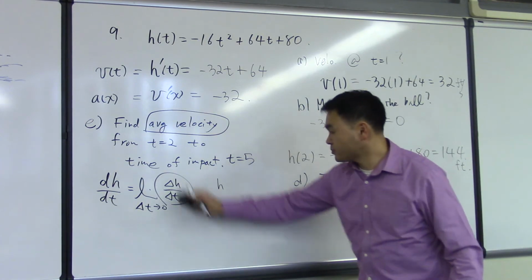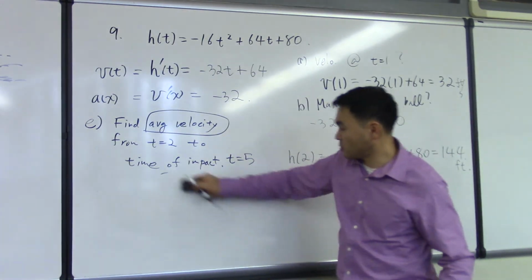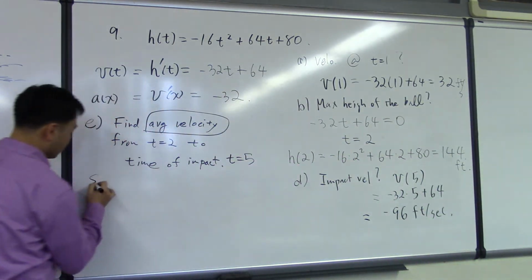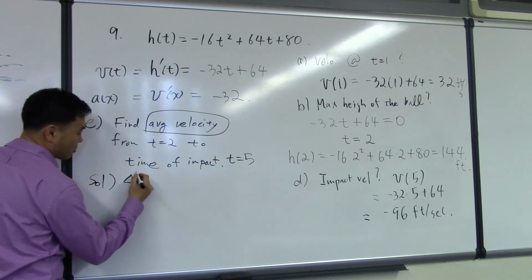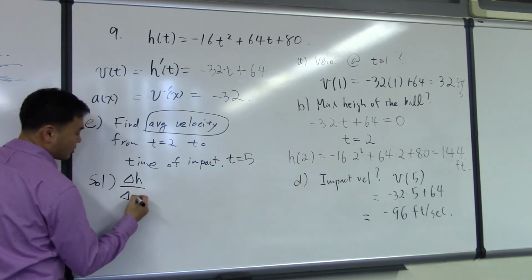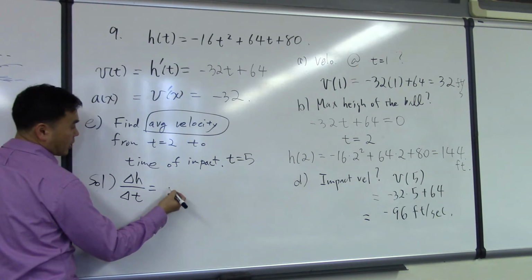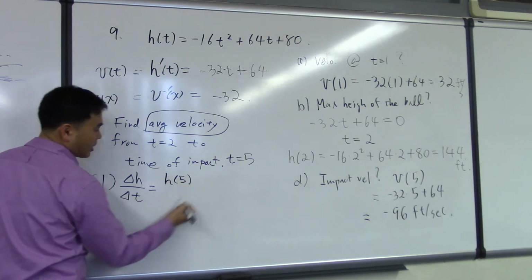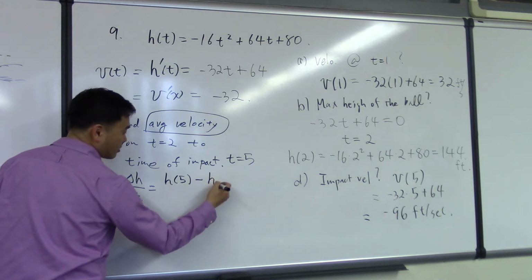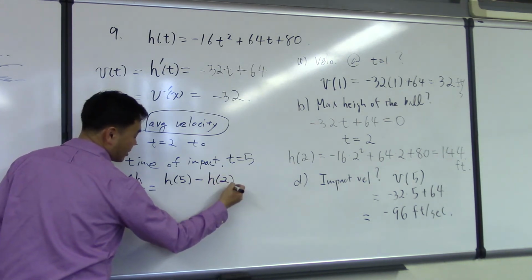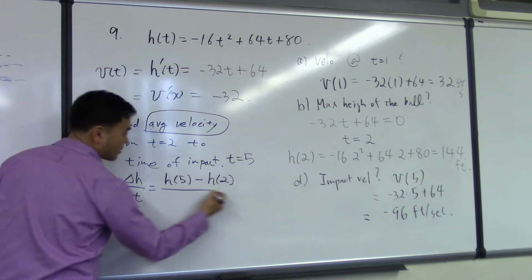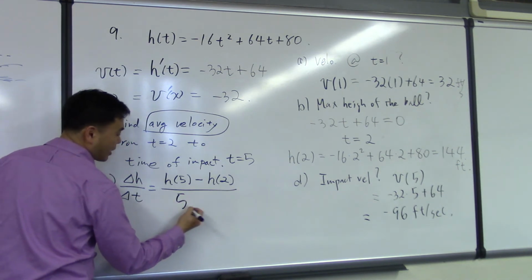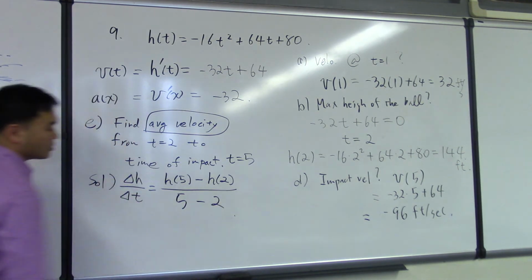Erase all that, because we need the change of h over change of t: what was the height at time 5 minus what was the height at time t equals 2, divided by 5 minus 2.